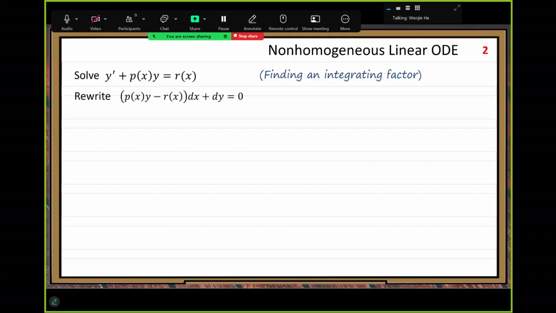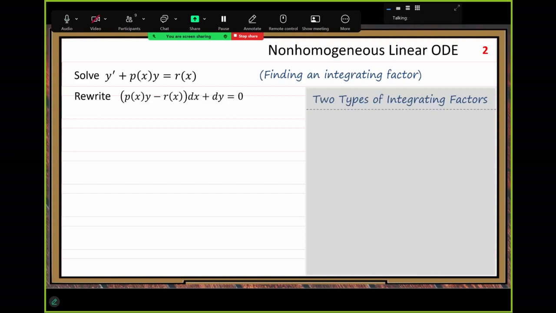Let's write this original ODE in differential form, because we want to use the total differential method to solve this one, as we did last time. When we work on the integrating factor, there are two different ways, right?